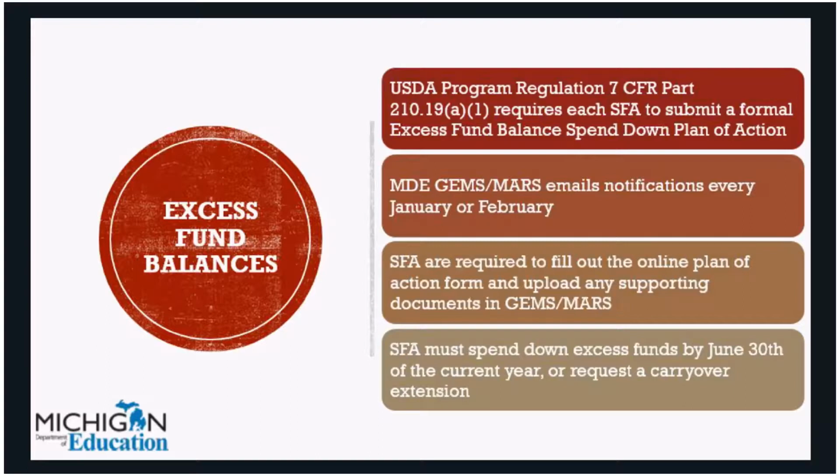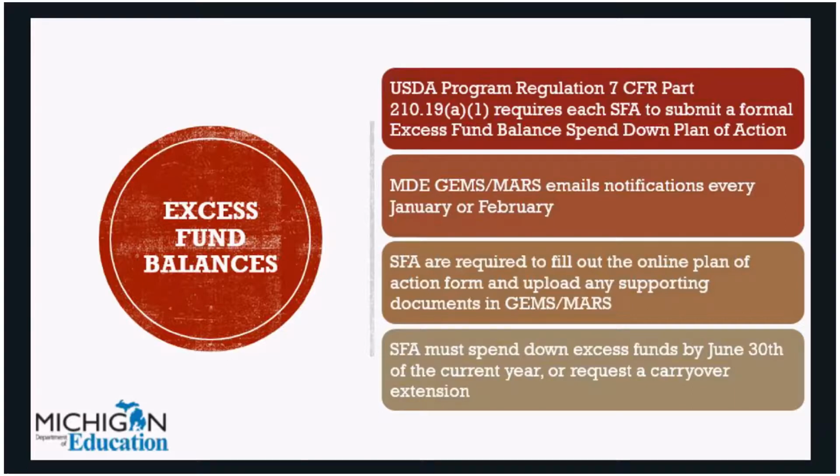The excess funds must be spent by June 30th of the current year. MDE will allow a 1-year carryover extension to spend the funds into the following school year, but the SFA's plan of action must be approved prior to requesting the carryover extension.